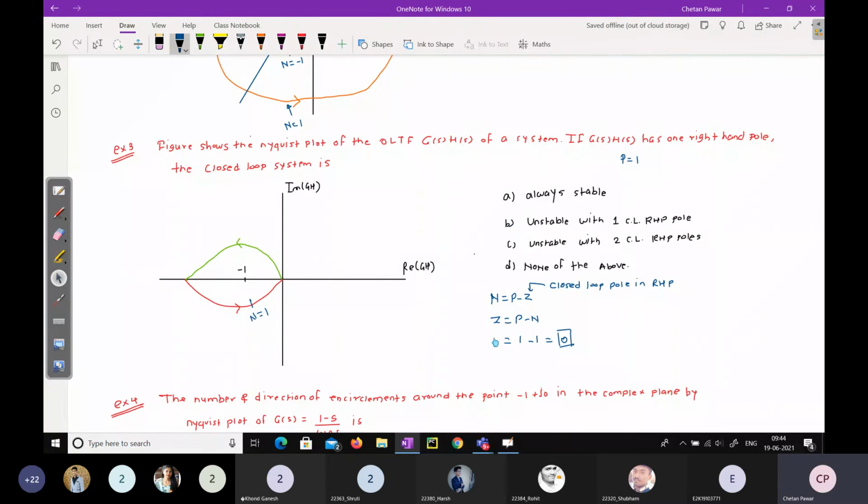Z is the closed loop poles in RHP, which determines the closed loop system stability. We got the value of Z equal to 0. So out of these 4 options, A, B, C, D, which is the correct option? A. Yes, A is the correct option. System will be always stable.